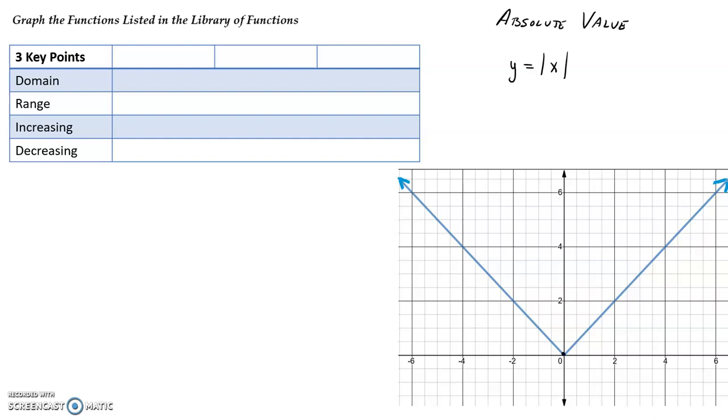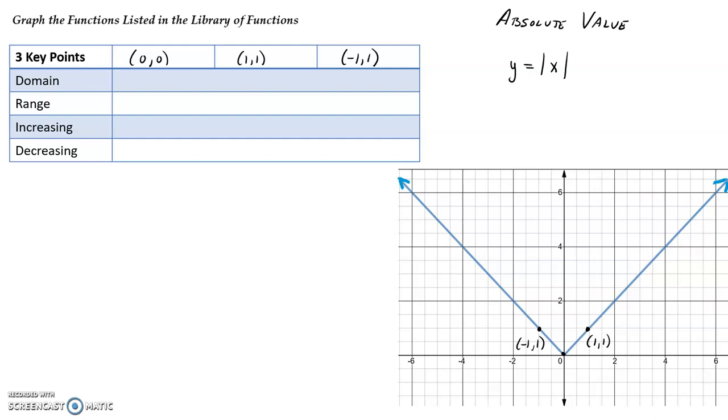We have a point here at the origin. So we have the point 0, 0. We also have the point 1, 1. And we have the point negative 1, positive 1.